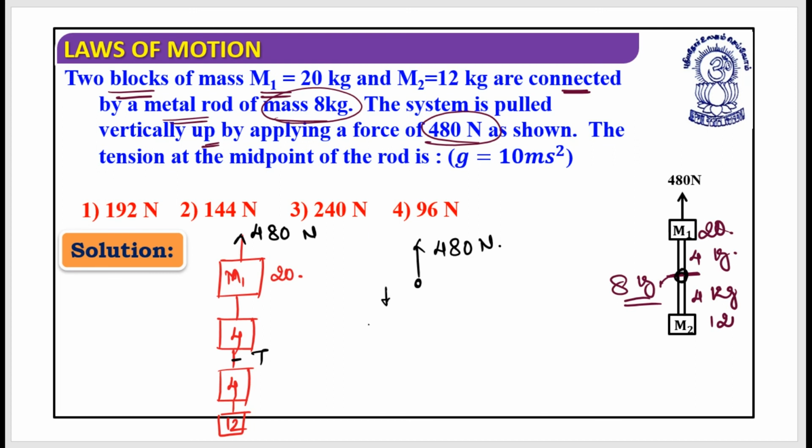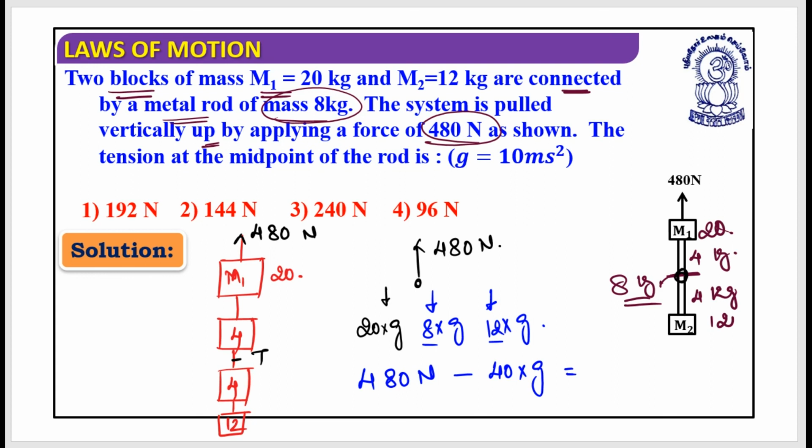This is 20 into g, this is 8 into g, and one more, 12 into g. So 12 plus 8 is 20, plus 20, this is 40 g. So this could be written as 480 Newton minus 40 into g, which should equal the total mass, 40 kg, into acceleration.